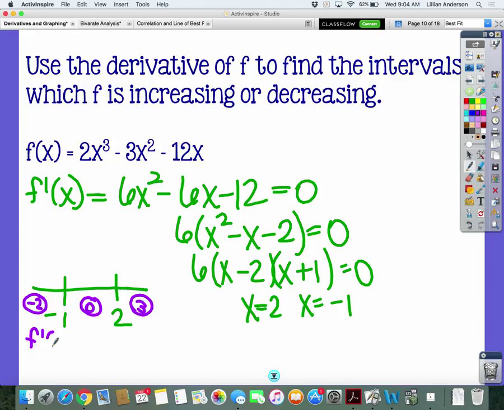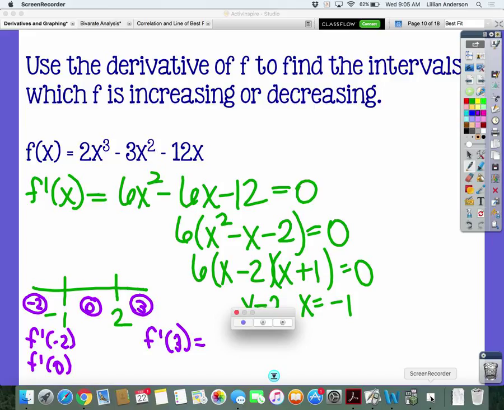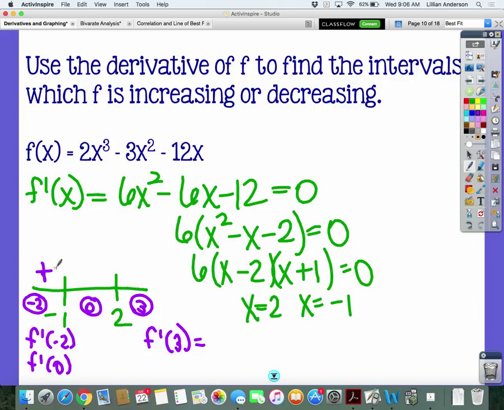So we're going to plug -2, 0, and 3 into the derivative, and we're going to determine where it's positive and negative. So you guys go ahead and do that. What was it at -2? Positive. It was positive at 0. And at 3? Positive. Okay?